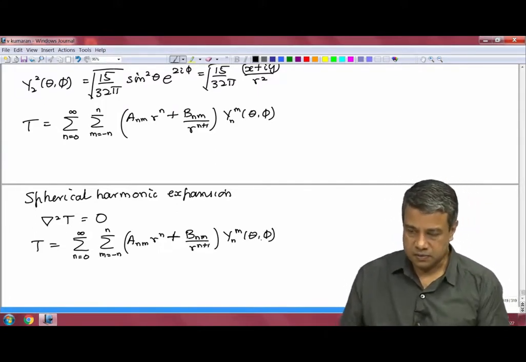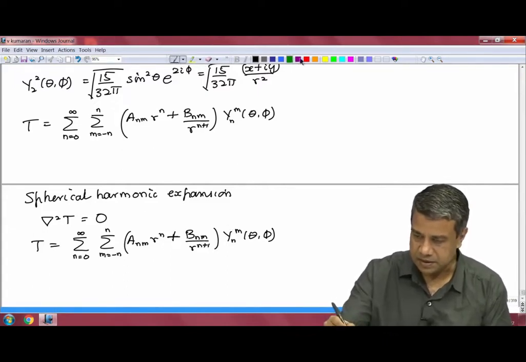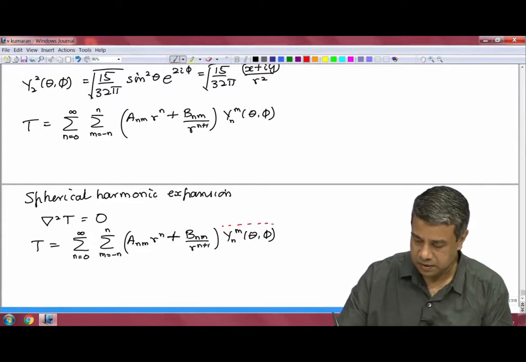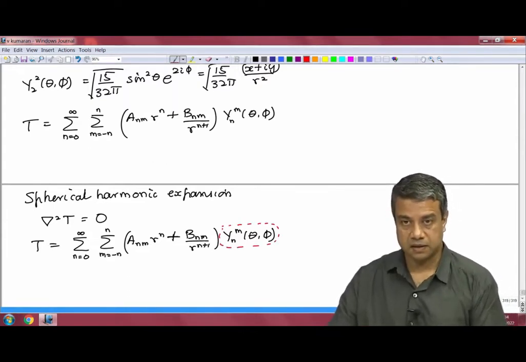Where these functions Y_nm of theta and phi are basically solutions of the Laplace equation in the angular coordinates.